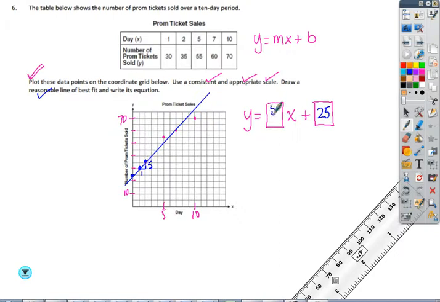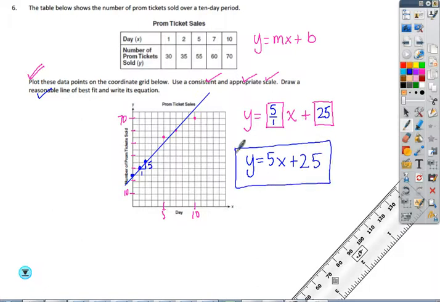Your slope is a ratio, 5 over 1. The x value increased by 1, the y value increased by 5 to get to my next point. 5 divided by 1, or 5 over 1, is equal to 5. So my equation can be written as y equals 5x plus 25. That's the equation of your reasonable line of best fit.